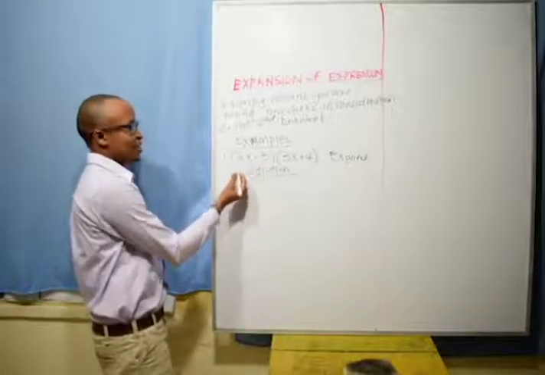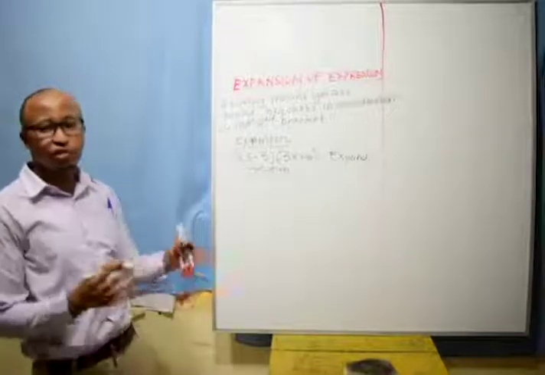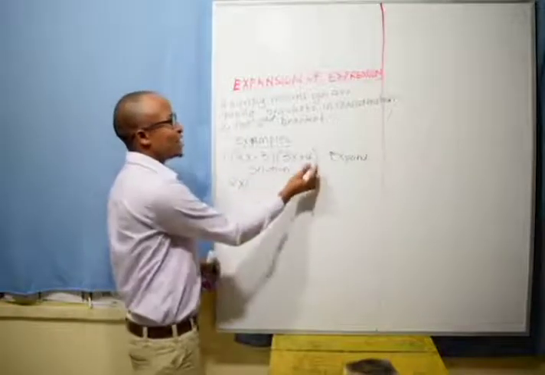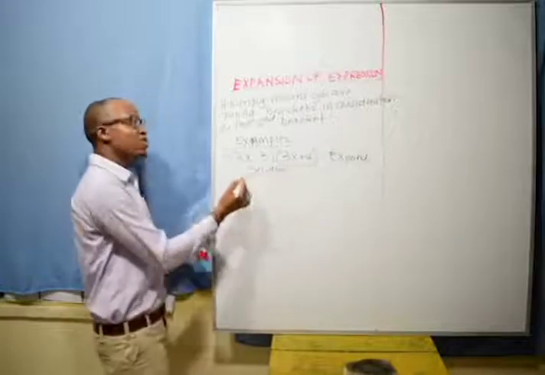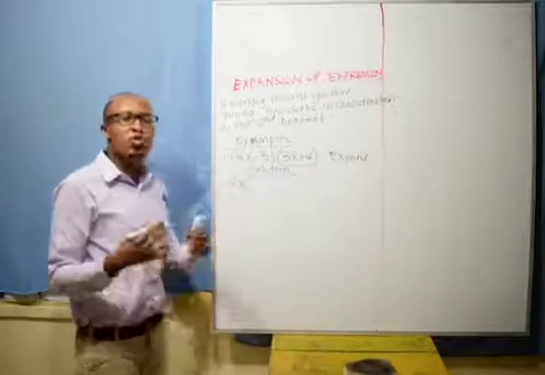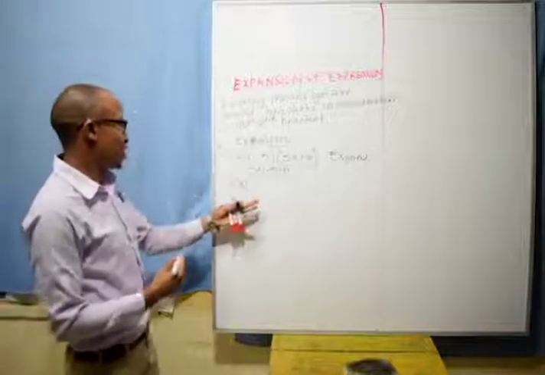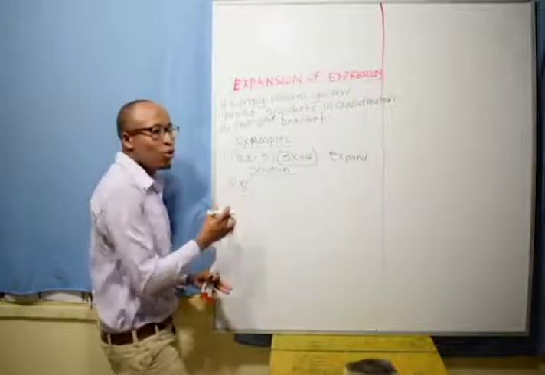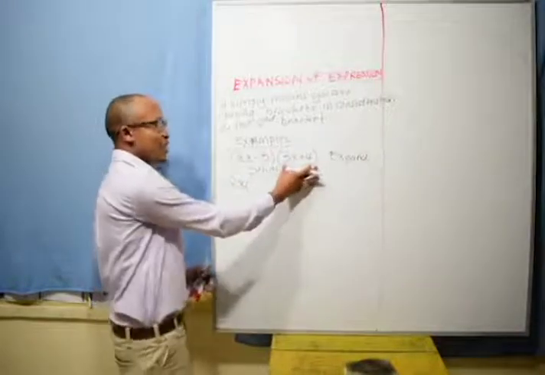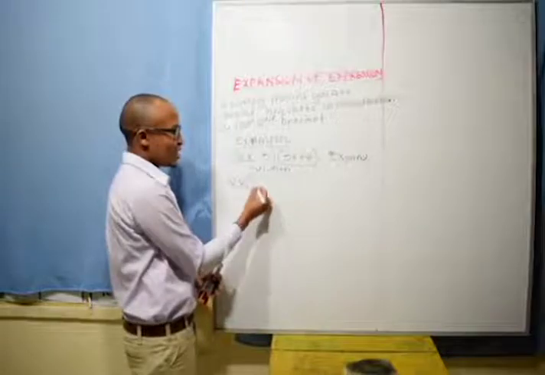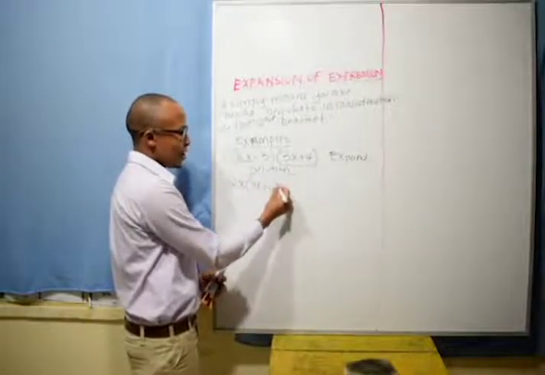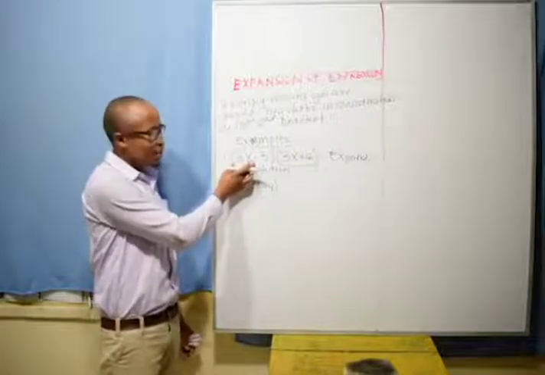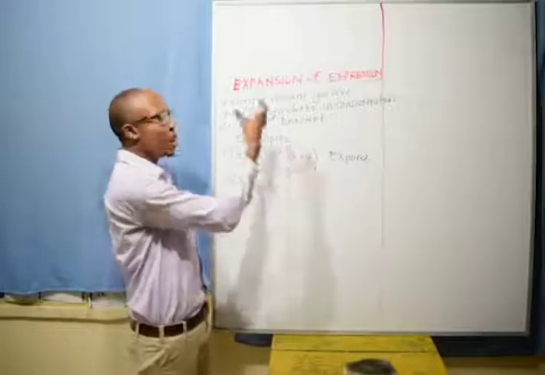You take the first term of the first bracket, which is 2x, and then you open the bracket using the second bracket. So it becomes 2x(3x + 4).